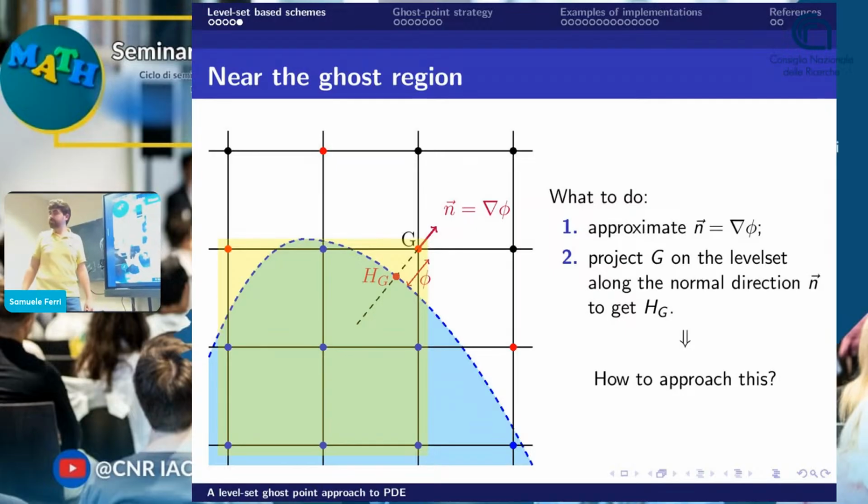Two questions. The first one is, so we are trying to enforce the boundary condition of the problem on the segment, let's say, that connects the ghost point with the internal point, right? Yes. And the second thing, I would like to know if there is any requirement for the level set function defined earlier.